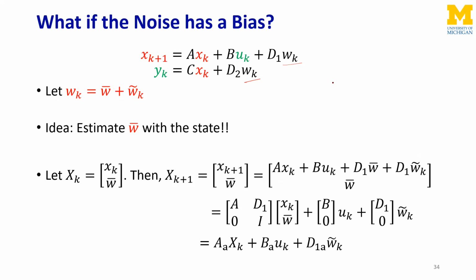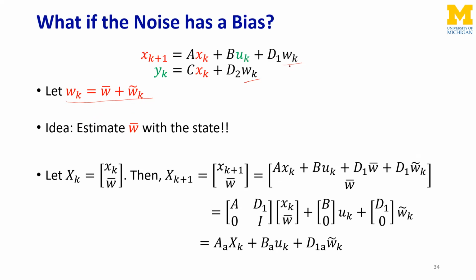You remember I showed you bias means that there is a non-zero constant offset, which means that I can write WK as this expression. WK is W bar, this is a constant, plus this, which is the zero mean component of the noise. We mostly assume that it's Gaussian, so this component is Gaussian and this is constant, and that's what gives us our noise. What if this was the case? The optimal estimator actually doesn't work for this case.